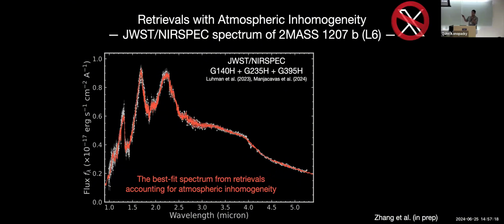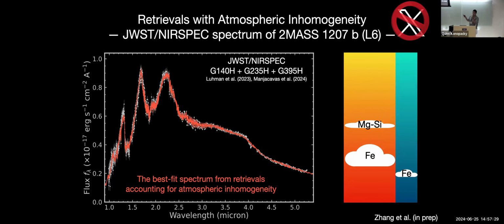So orange is the best fit and it can fit the data very well. Still it takes some time to understand what it means, but this is just some fitting result that can match the data. That model is supposed to say that 2/3 of the atmosphere is relatively hot, with some mechanisms, silicate clouds and iron clouds, and 1/3 of it is relatively cold.